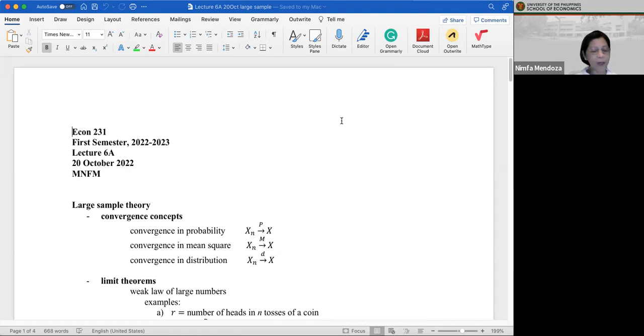Okay, to anticipate what you would have later on: so far in part one of the course, the first half of the course, we dealt with characteristics of the population. We had practically full information on the population.